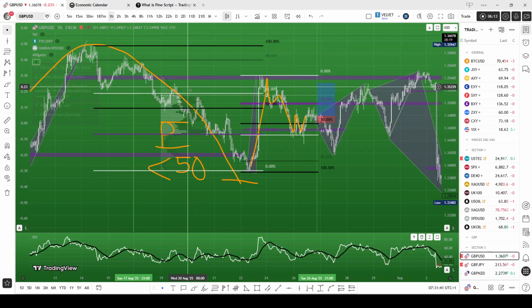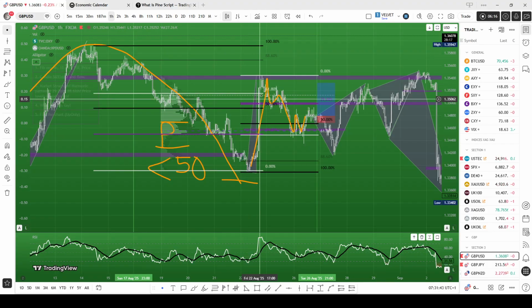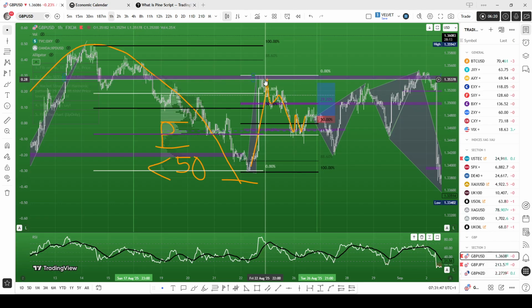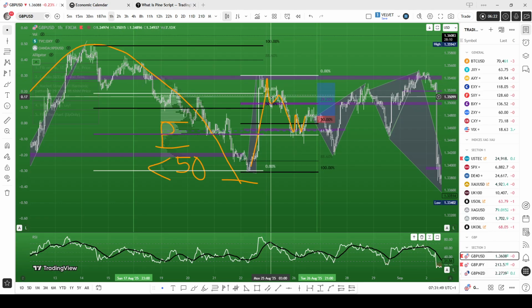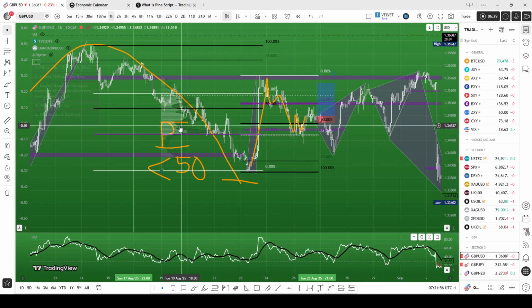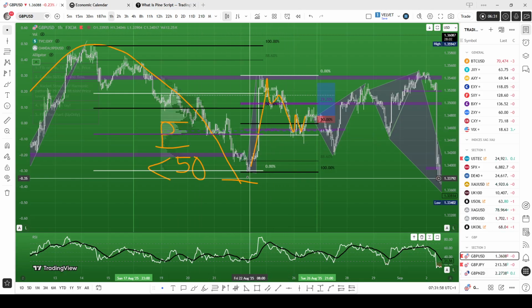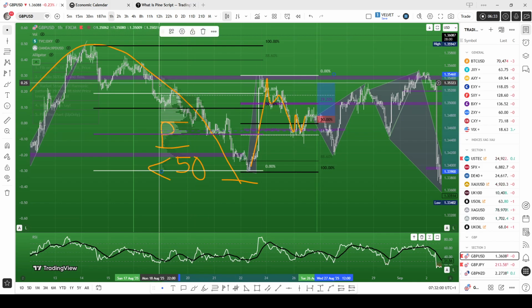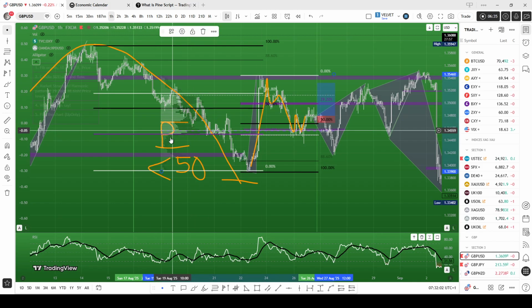So once there was a fib and it failed, we could try to in this case short it, but after that longing it, we hadn't had a right place to do that actually on the chart.